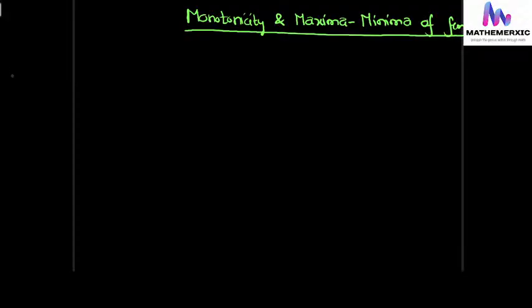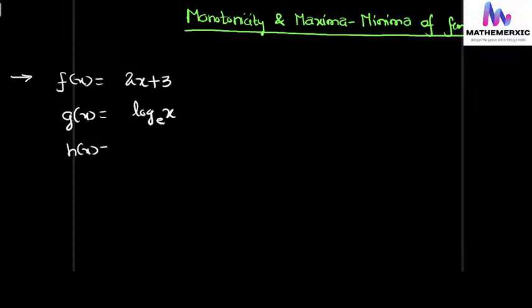Let us say the examples as these functions, like f(x) is there, which is 2x plus 3, and a function g(x) is there, which is log x to the base e, and h(x) is x cube.